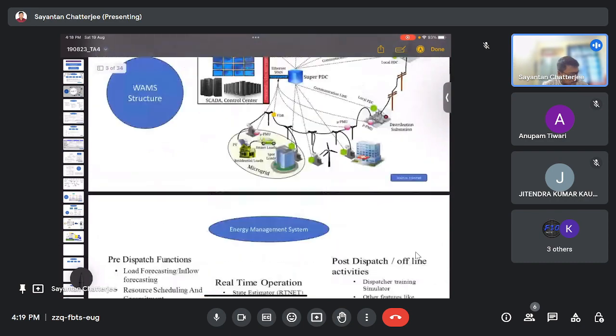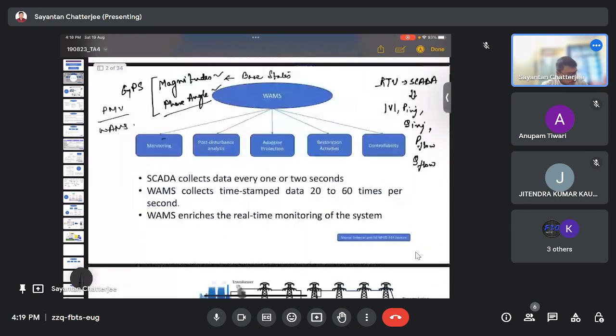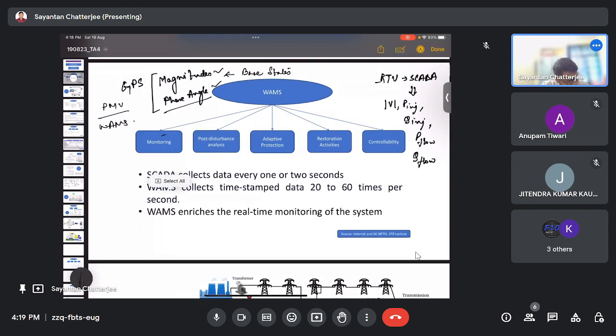So coming back, these are the WAN based monitoring aspects. I have discussed that it gives the monitoring advantage as well as post-disturbance analysis, that is, after the fault has occurred. Since we have a large amount of measurement data, the sampling rate is quite high, for example 50 samples per second.